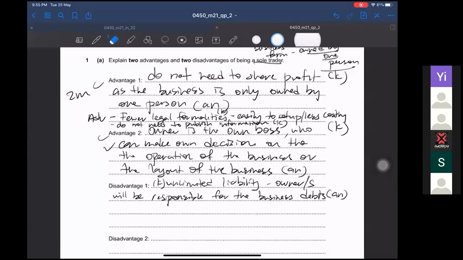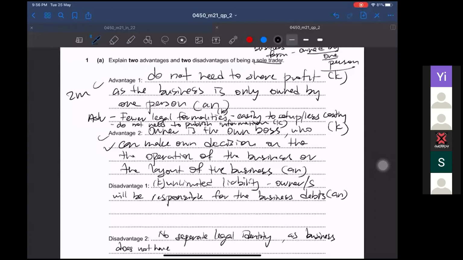The unlimited liability is mainly due to there being no separate legal identity. So for disadvantages, you may also write no separate legal identity, meaning the owner and the business are not separate.